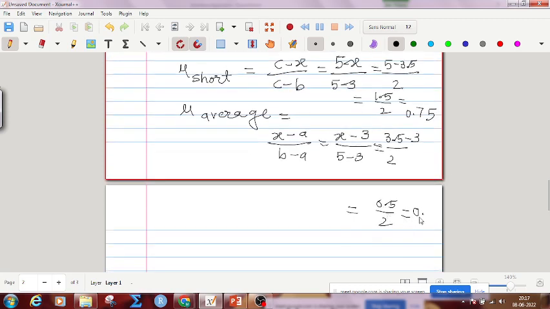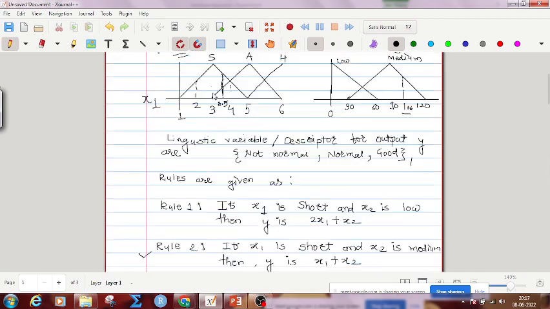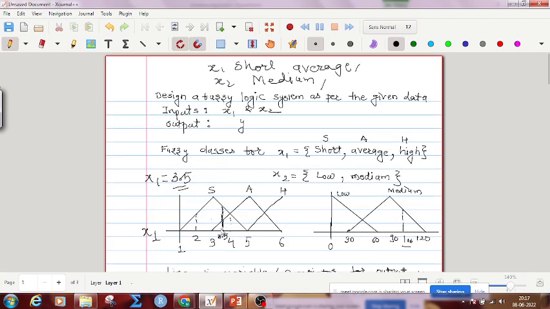Okay, and now this value, yes, 0.25. Observe this: 0.75 plus 0.25 is equal to 1. As we observe, it comes on one line, so this addition is always equal to 1. This is always true. So even if you find only one of the memberships and write the other as its complement, that is also okay. So you get these two memberships.